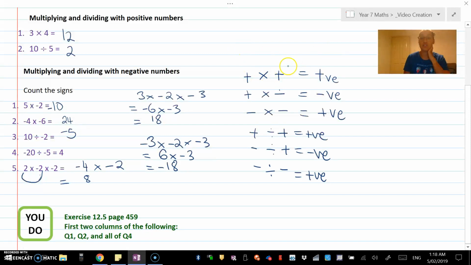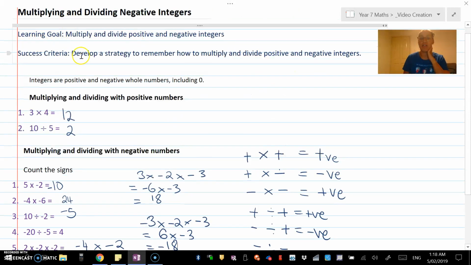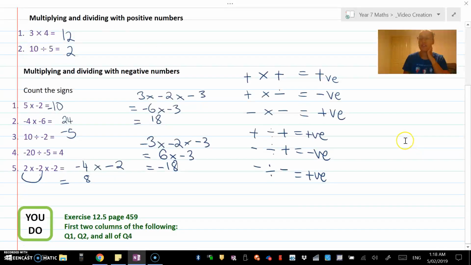So that's one of the strategies, developing a strategy. So that's one of the strategies I use when you count signs. And when I say signs, we're looking for the positives and negatives.